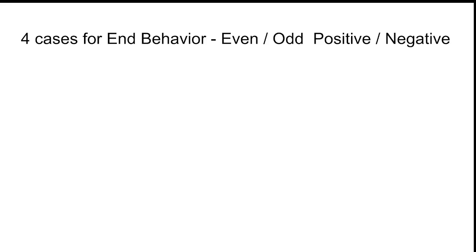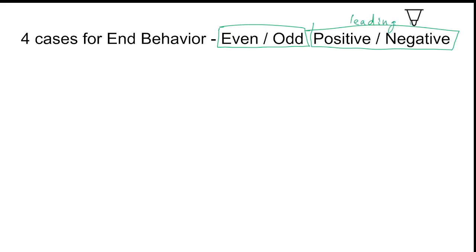And again, it will depend upon whether that leading coefficient is positive or negative. So this is the role that the leading coefficient plays. Even or odd, this is telling us about the degree of the polynomial. And again, all we focus on is the largest.